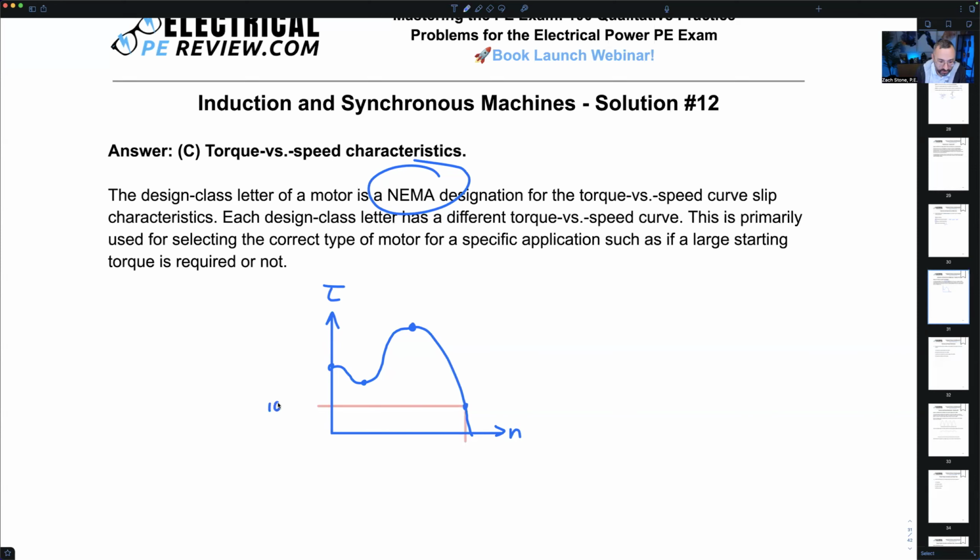You could say this is 100% torque. This is our rated speed. This would be synchronous speed. It never gets to that point. This is breakdown speed, or maximum torque, momentarily when the motor reaches breakdown and continues.